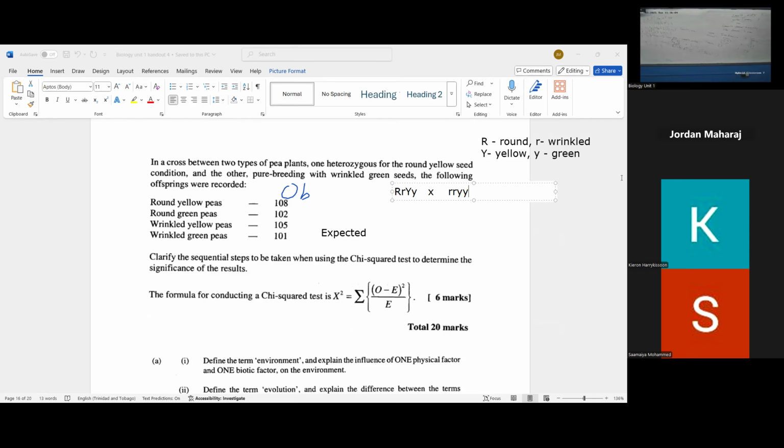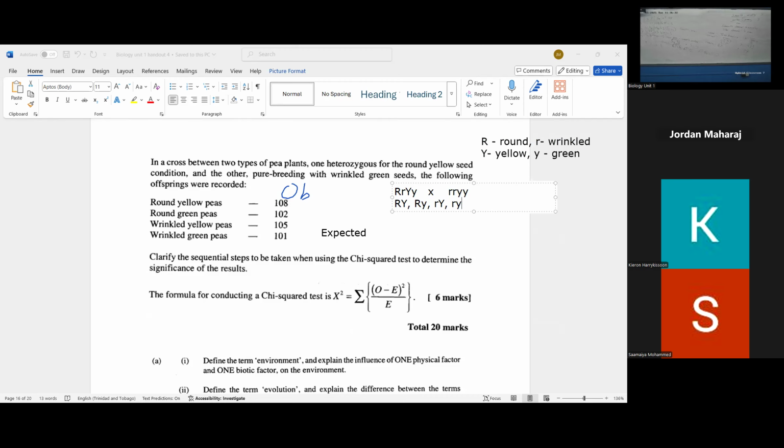Before we do the cross, we need to get the gametes. So it'd be capital R, capital Y; capital R, lowercase y; lowercase r, capital Y; and lowercase r, lowercase y.